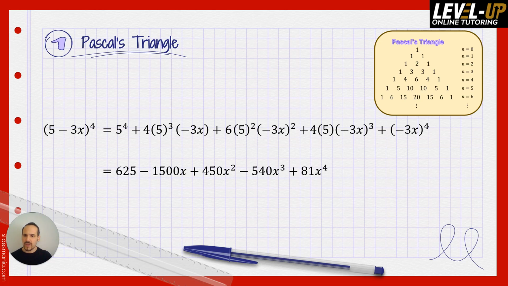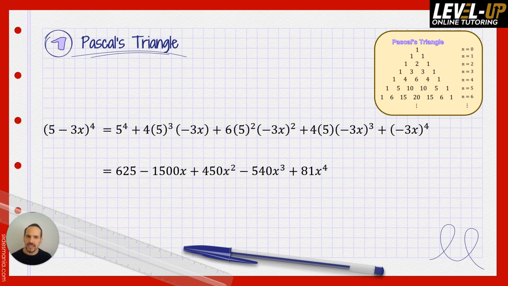And it's just a matter of calculating those out. So 4 times 5 cubed times -3 gets you -1500, for example. And then the x is just going to be x, because that's not being raised to the power 3 there. It's just x in that particular term. And you just got to go for each term individually. So that's it really for Pascal's triangle.